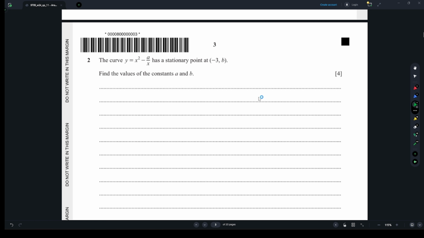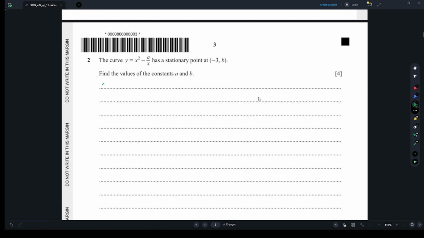A stationary point is the point where we have a maximum or minimum point of a curve, right? And so there we know that if you draw a tangent line, then the gradient is 0. So the gradient we receive by taking the differentiation or derivative of the curve, right? So then first you have to find that one.